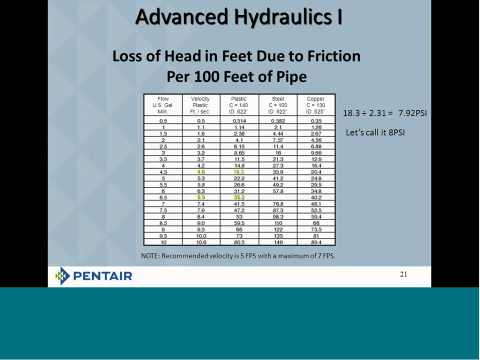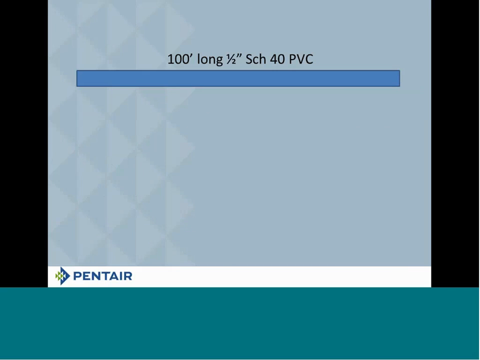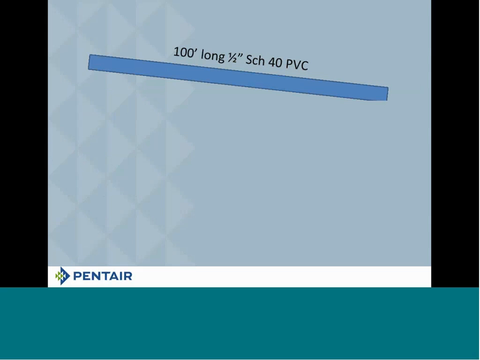Now, of course, if you think that's bad, take a look at what happens in steel pipe at 6.5 gallons a minute. Your friction loss now is 67 feet of head. So once again, we're going to go back here, only we're going to change that half-inch Schedule 40 PVC out for half-inch steel pipe.